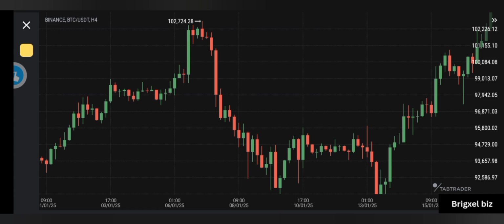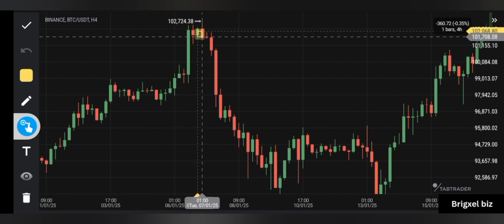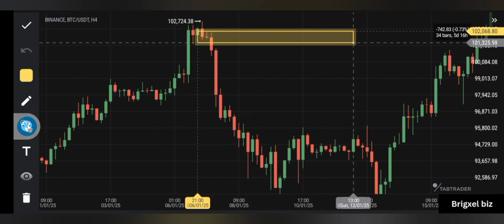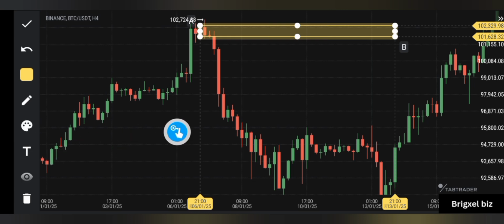Now I'm going to show you something very important when you are marking out order blocks. Okay, we have a bearish order block, all right, because from here price was pushed towards this direction. So if we pick out that green candle, as I explained earlier, that's an order block, ladies and gentlemen.